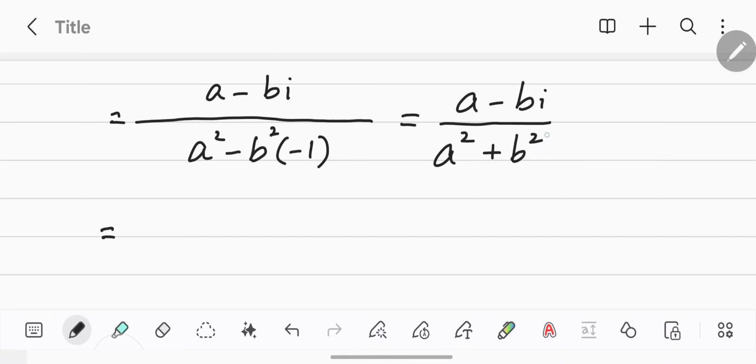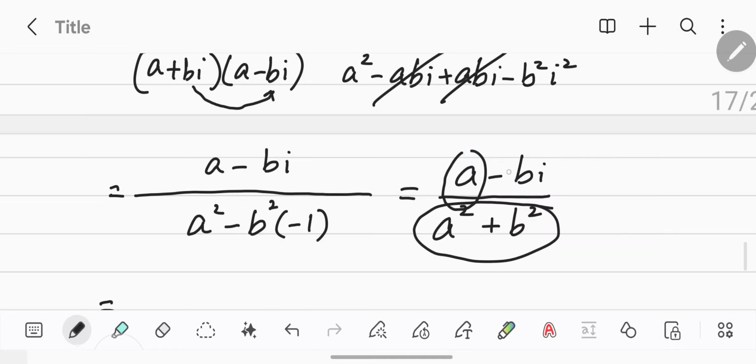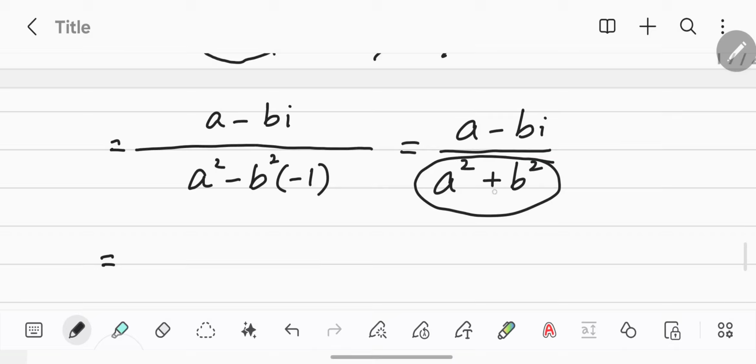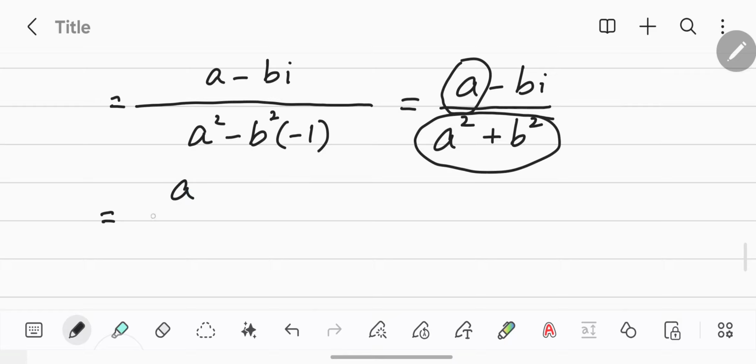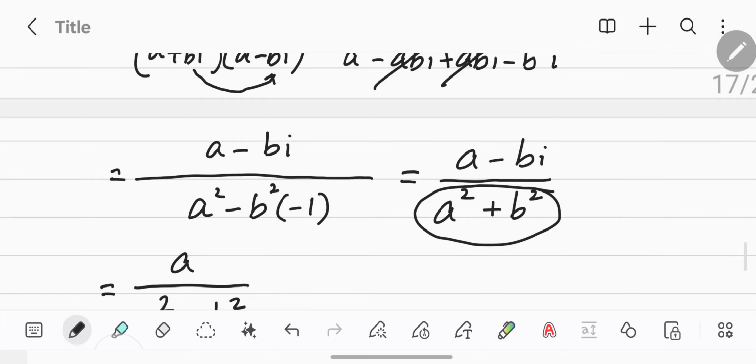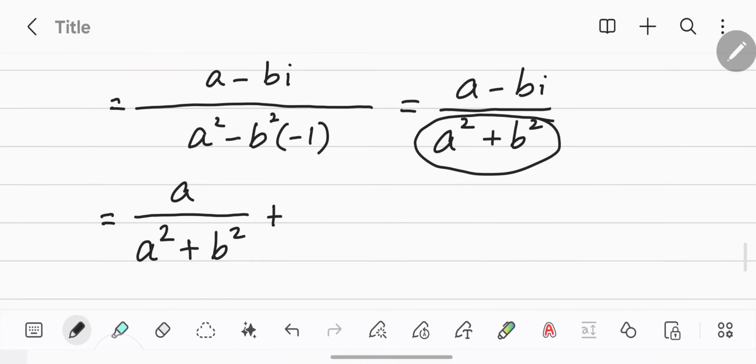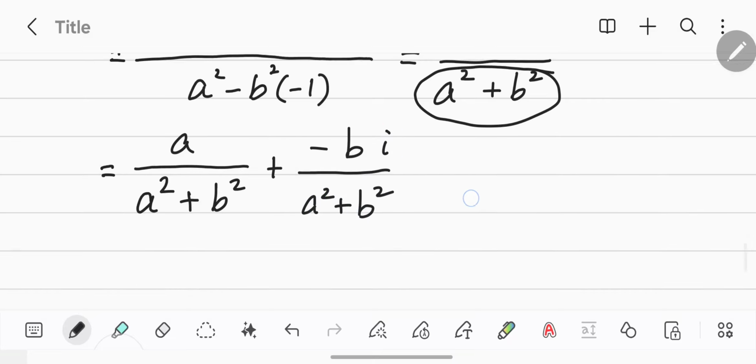If I distribute this denominator with this term and with this term, what will happen then? First of all, I will distribute the denominator with the first term. It will be a over a square plus b square. Okay? Now I will distribute this with the second term. The second term is negative b iota. Okay?